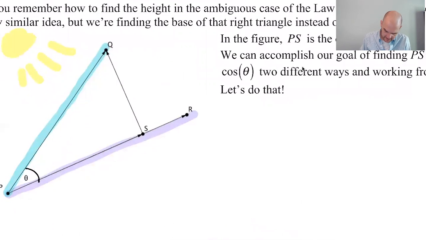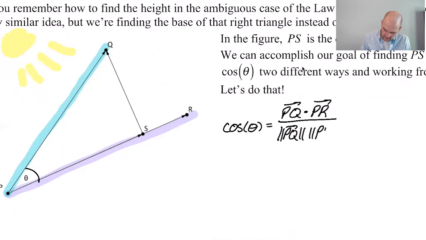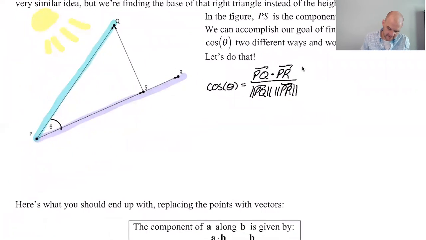So I know that the angle between them, cosine of theta, is the dot product PQ dot PR over the product of the magnitudes, the magnitude of PQ and the magnitude of PR, right? So that I definitely know. Now, that's from vectors.